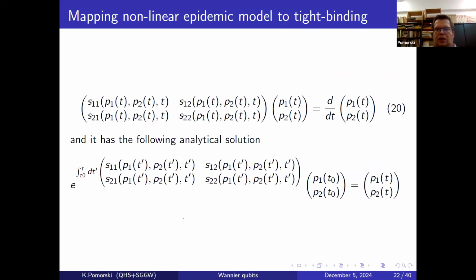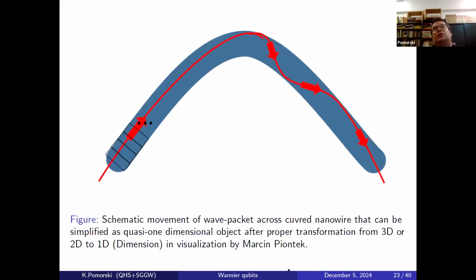And let me move now to these curved Wannier qubits. So far, I have described the straight Wannier qubits. And it turns out that it is possible to map a three-dimensional problem into a one-dimensional problem in various areas of technical sciences. So if you have, let's say, a system with a narrow optical fiber, or a semiconductor nanowire, you can map such a system to a quasi one-dimensional one, but then your real unit will be associated with this walking length.